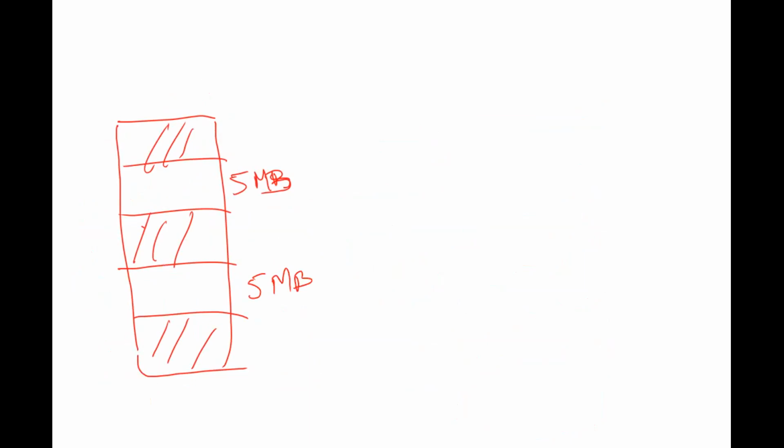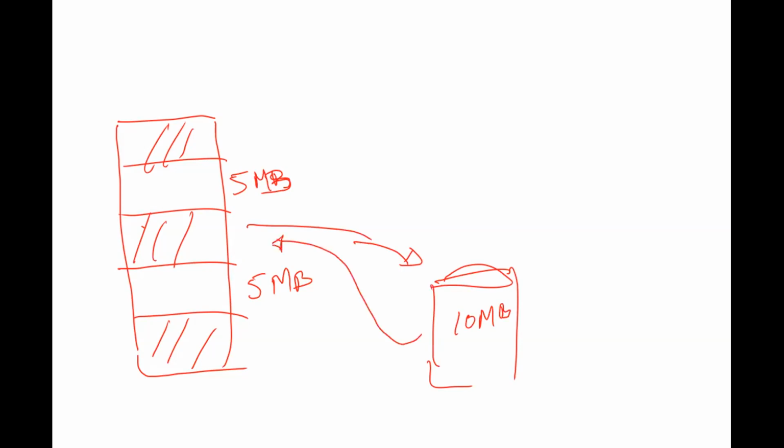And your operating system receives a request to open one process of size 10 MB from your disk, and your OS tries to allocate it in here, but it is not in a contiguous location.